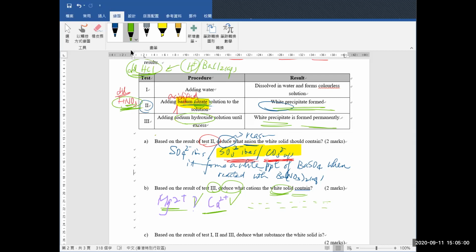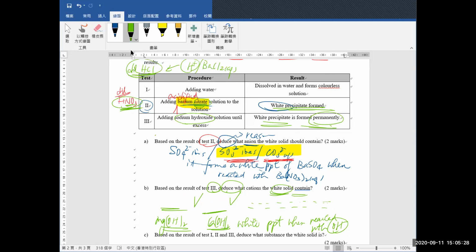So it can be magnesium hydroxide and calcium hydroxide, which are in the form of white precipitate when reacted with hydroxide. So no redissolving, okay? They will be formed permanently, meaning that the precipitate will no longer redissolve in excess hydroxide. Can you get my point?